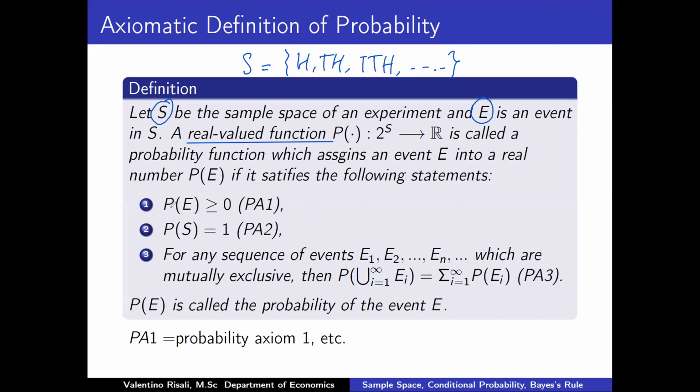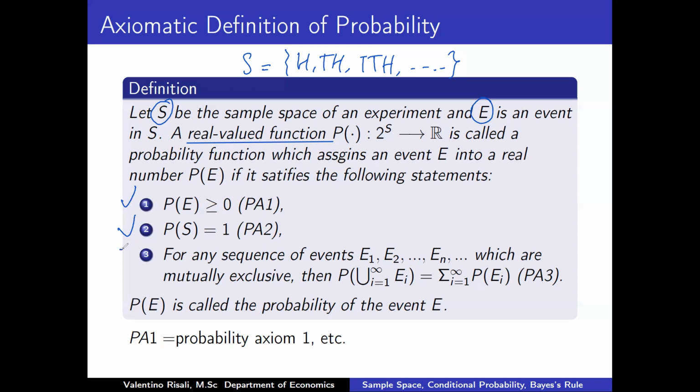For the next statement, the value of P(S) is equal to 1. It makes sense, because if we imagine the probability of all outcomes in the sample space, of course it is 1, right?